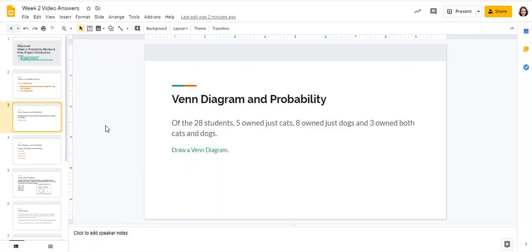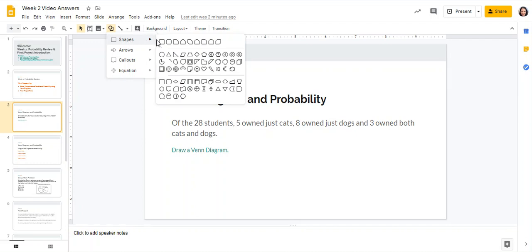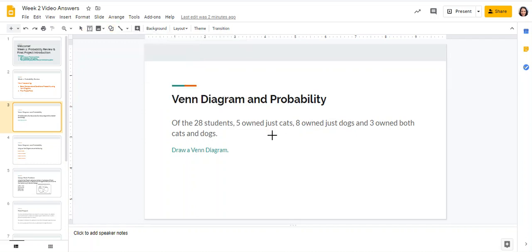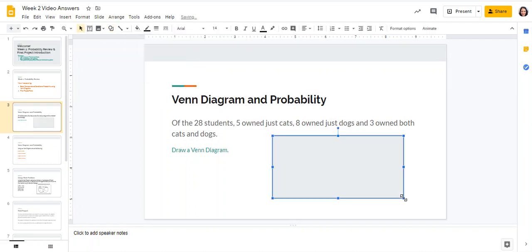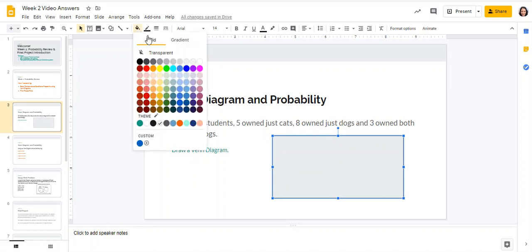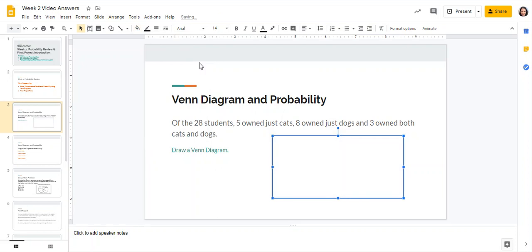Of the 28 students, 5 owned just cats, 8 owned just dogs, and 3 owned cats and dogs. So we're going to start with a rectangle. And I don't like the color in there, so I'm going to change the fill color to white.